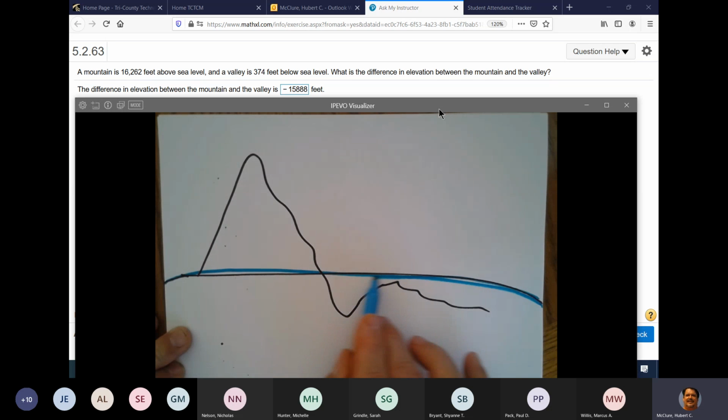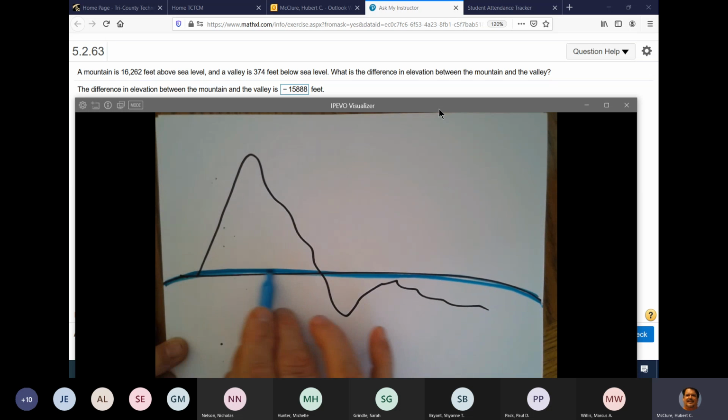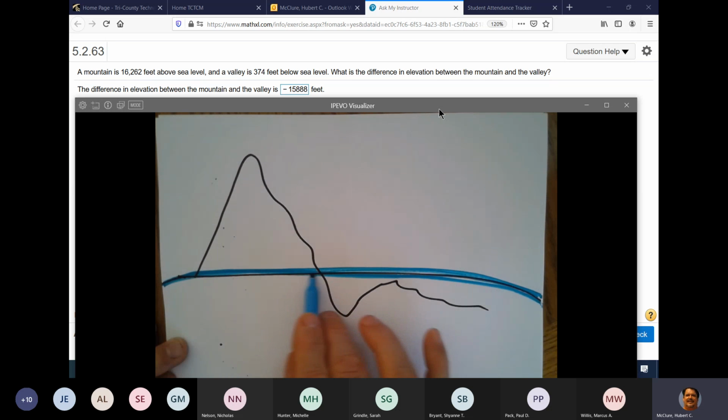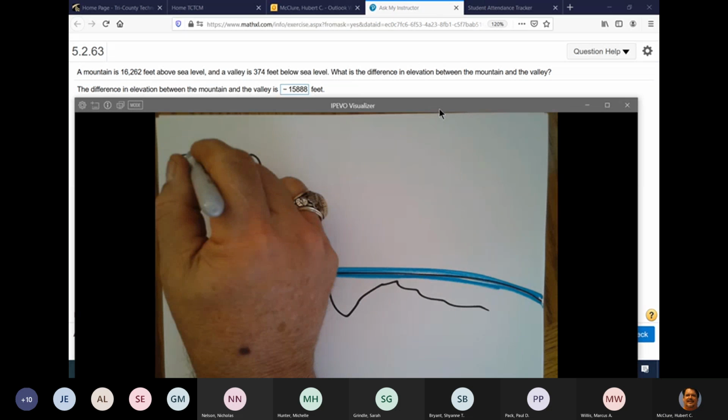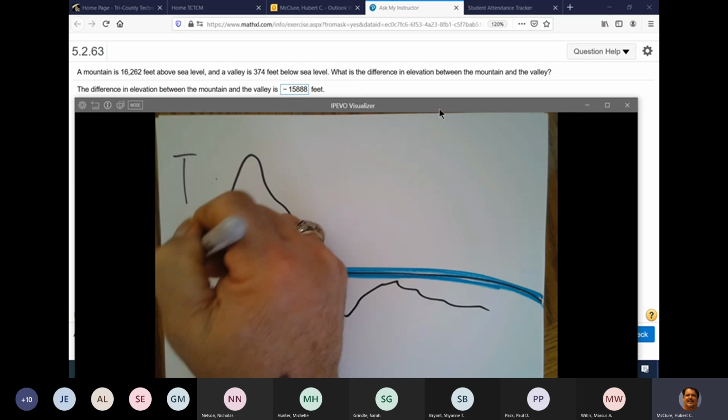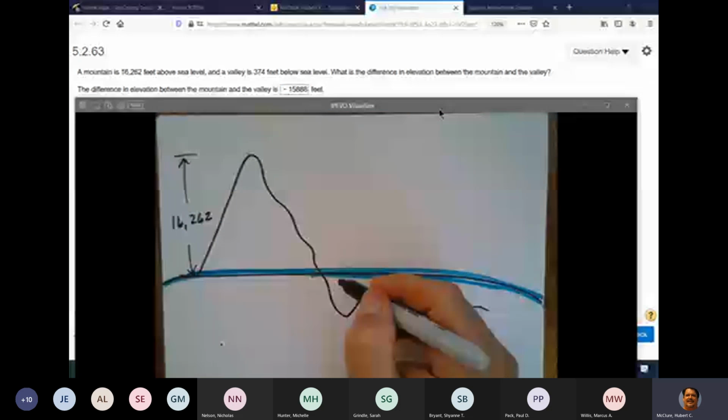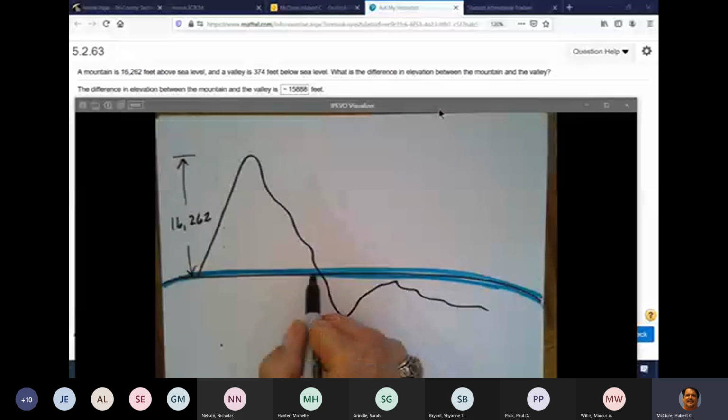So there's sea level. And above sea level is 16,262. And below sea level is 374 feet.